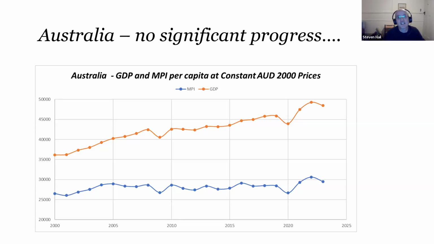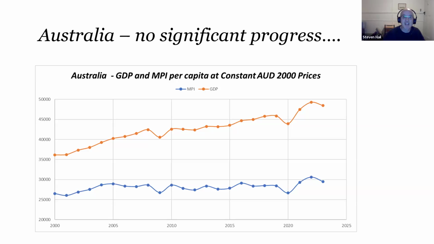But the more interesting thing for me, and this is exactly what I got in my GPI study that I talked about in Poland last year, is there's been no significant progress in terms of our MPI per capita, our Modern Money Lab progress indicator, as far as Australia is concerned. And why is that?